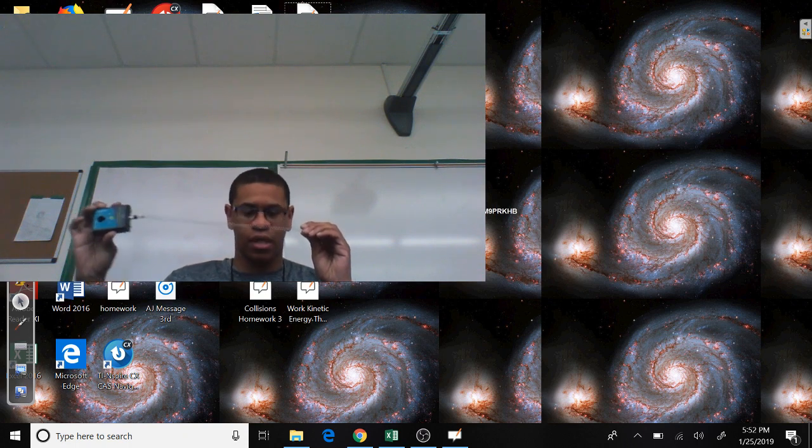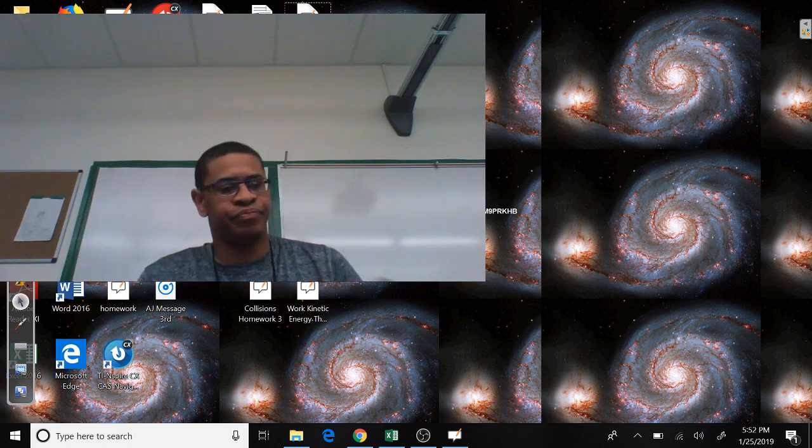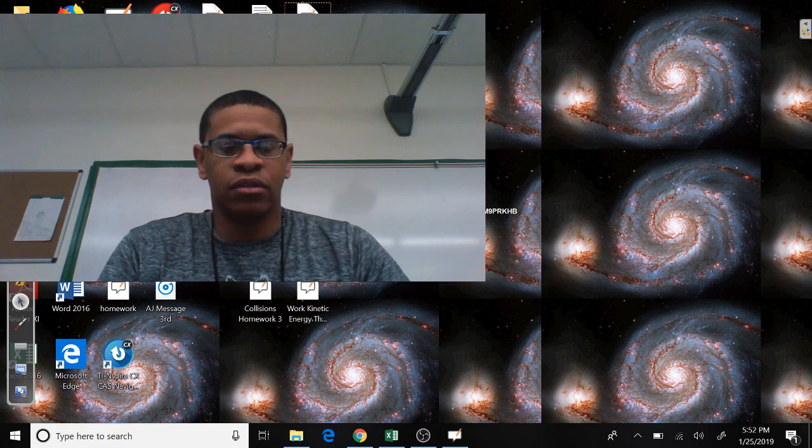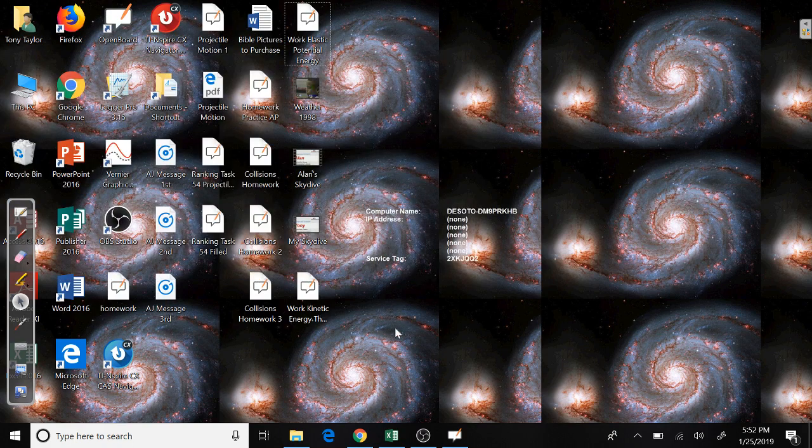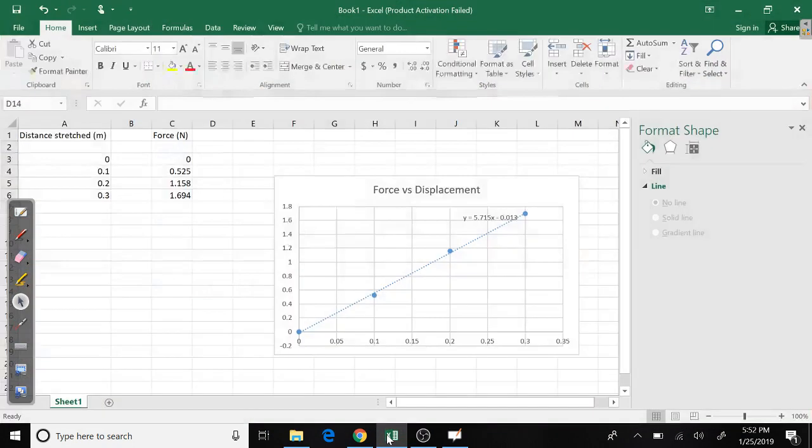Then we took our data and put it in an Excel spreadsheet like this. We put the distance stretched on the x-axis, converting centimeters to meters, and the magnitude of the force at each point on the y-axis.